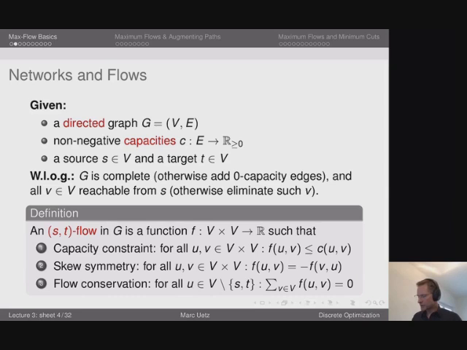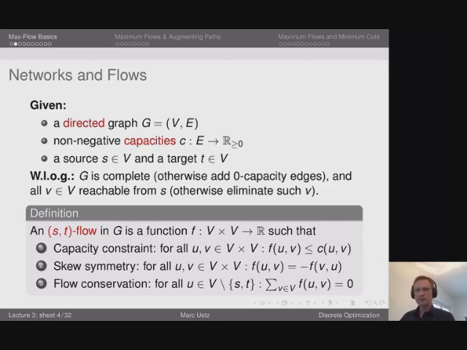And because of our definition here of skew symmetry, we can formulate it in this way, saying that the total flow out of the vertex U is just equal to 0. So let me illustrate these definitions on a few examples next.